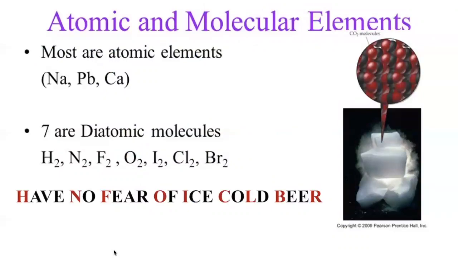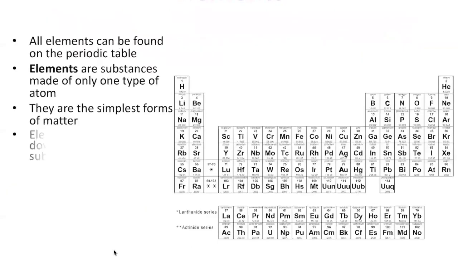So here the H stands for hydrogen, nitrogen, fluorine, oxygen, iodine, chlorine, bromine. And those are the ones that prefer to exist with each other as a molecule in pairs, as twins. Okay, the other ones are considered atomic elements.